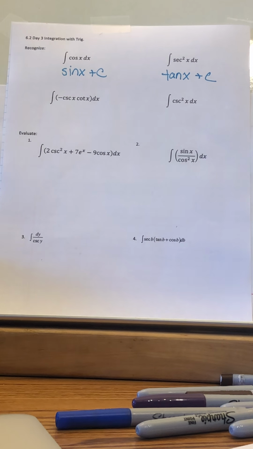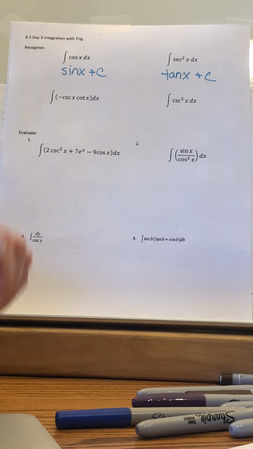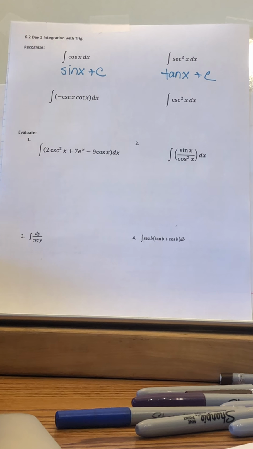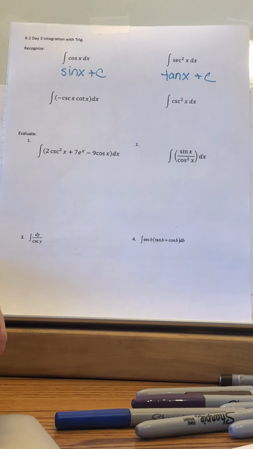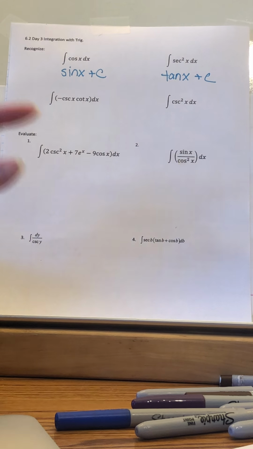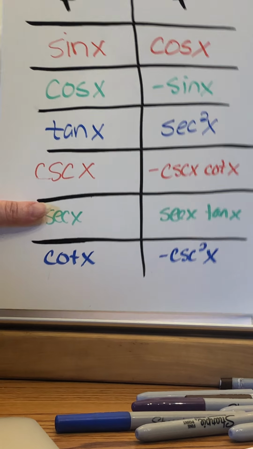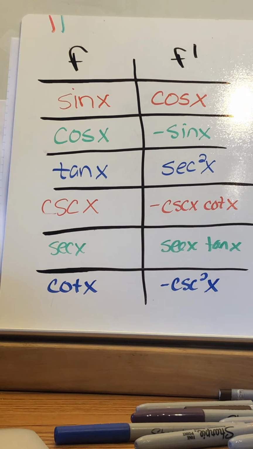To help you with doing all this trig stuff, what I would recommend is somewhere on your paper or on a separate sheet of paper, write out 2 columns. One with the 6 trig functions and the other with their corresponding derivatives, like I did right here.